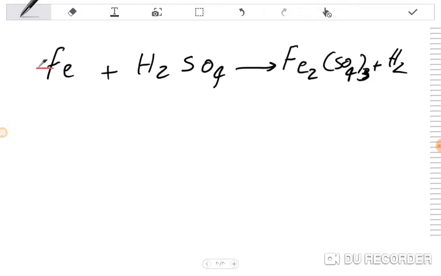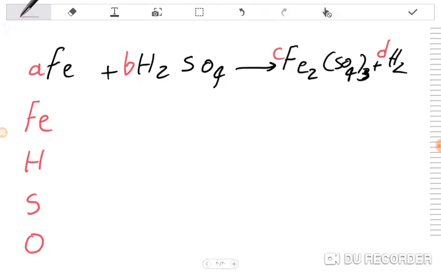I write in front of Fe A, in front of sulfuric acid B, in front of iron sulfate C, in front of hydrogen gas D. Fe, H, S, O. Okay.